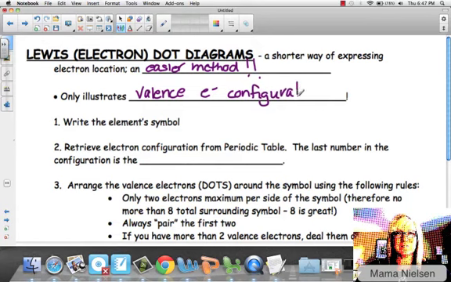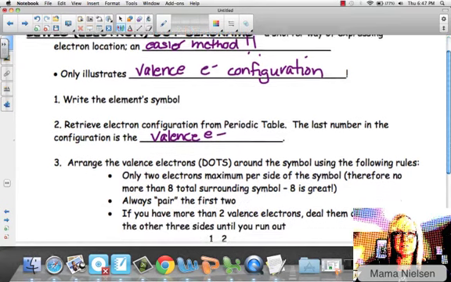So you're only showing what's in the outermost shell. So it's really easy. The first thing you do is write the element symbol. Then you retrieve the electron configuration from the periodic table, and the last number in the configuration is the valence electrons, which you already know.